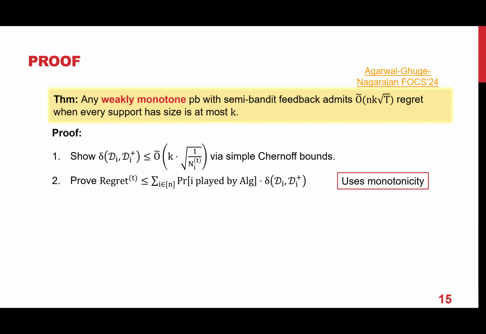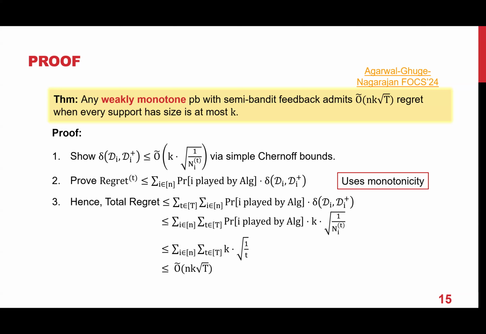Basically, once you have this, the proof is just three lines. The total regret is bounded by a sum. The intuition to keep in mind is the following. You have these n random variables. For each random variable, either you don't even play that coin, which means even if I look at its upper envelope, the most optimistic version of that ith distribution, that's also not good enough.